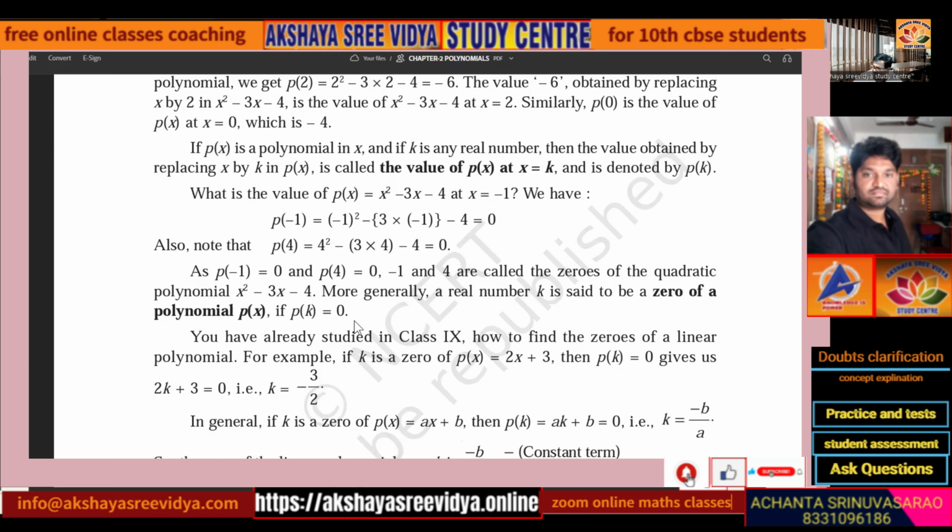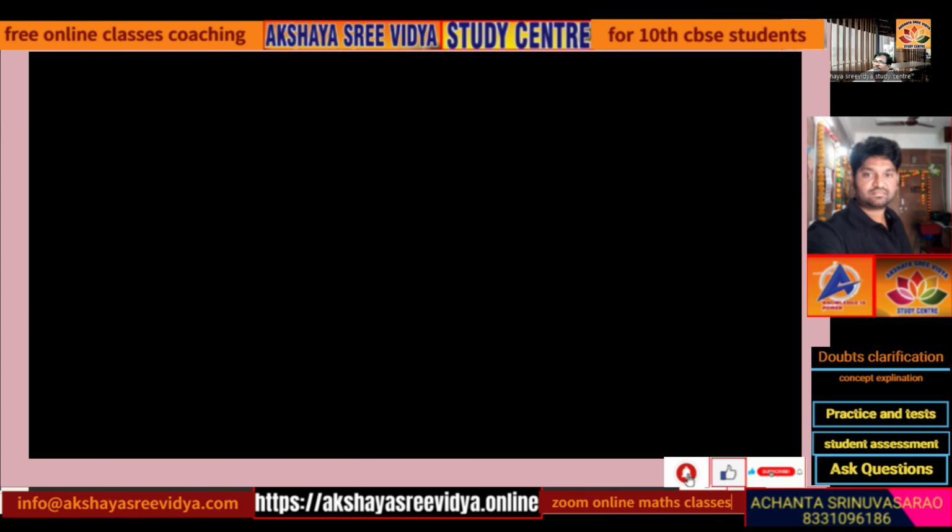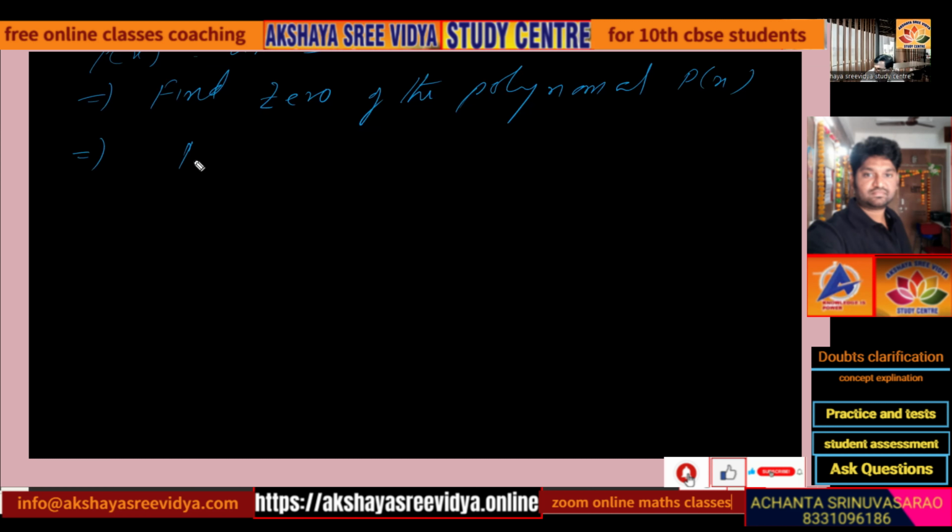Similarly, the general form: for suppose P of x is equal to ax plus b. Find the zero of the polynomial P of x. Then P of x is equal to 0, that means ax plus b is equal to 0.